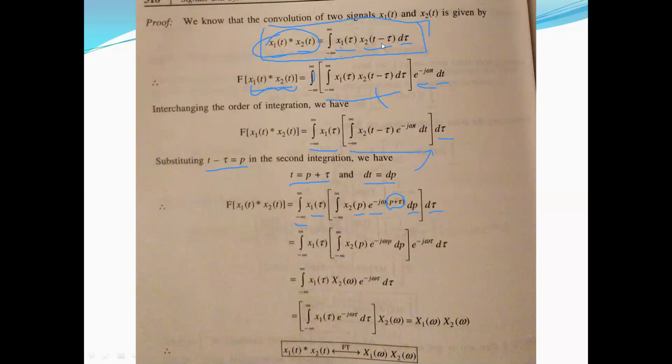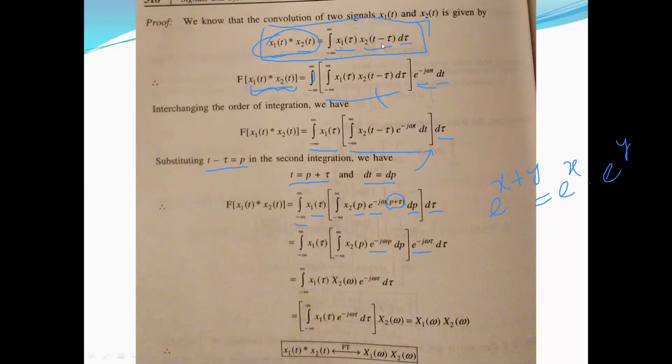Next, in the exponential there are two terms: if you write e to the power x plus y, we can write e to the power x into e to the power y. The same thing is done here. We write two terms: one is e to the power minus j omega p, and the other is e to the power minus j omega tau. The e to the power minus j omega p we keep inside, and the other one we keep outside.